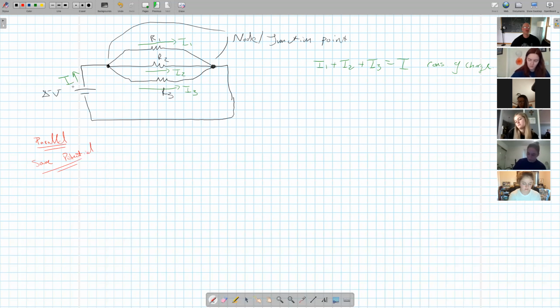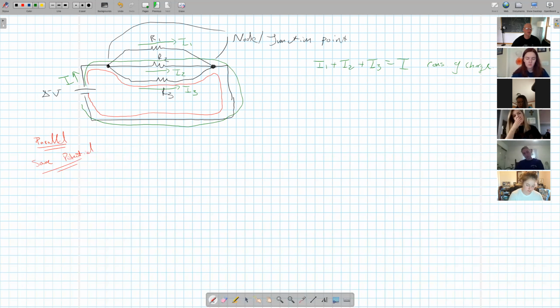So why is that? Well, that is true because if I look at my circuit, so let's say it starts here, and then I include only this portion, which is the bottom portion, and I come back around to the battery, well, again, conservation of energy says that whatever potential I give here, I have to lose here, which means the potential drop here must be the same as the potential drop here. Or I could go through the center one, so I could start here, go through the center one, go back through the battery. So again, conservation of energy says whatever potential my battery gives, I have to drop through this resistor.